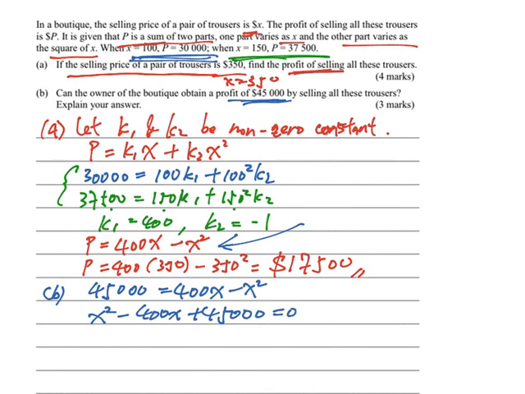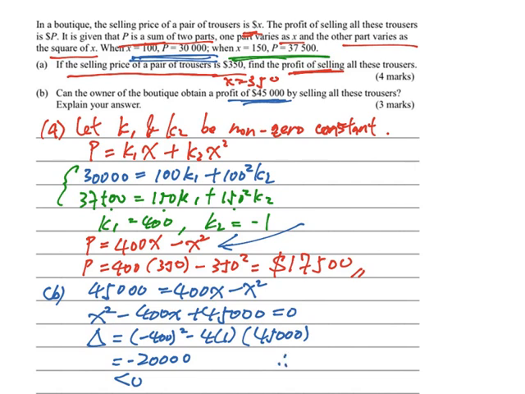Most of you can solve the quadratic by pressing the calculator formula mode to see. But here you will see an error when using the formula mode. For this situation, you need to use the discriminant. If it is an error case, we use b squared minus 4ac, so negative 400 squared minus 4 times 1 times 45,000. Then you get negative 20,000. So it is less than 0. That means it is impossible.